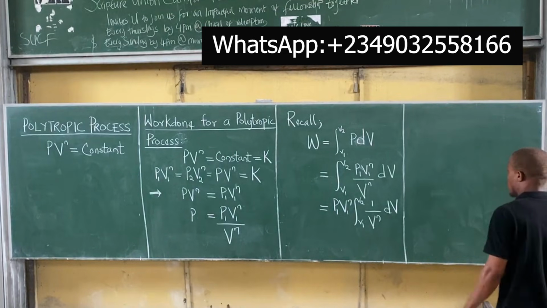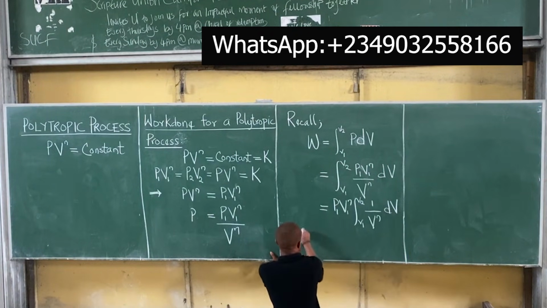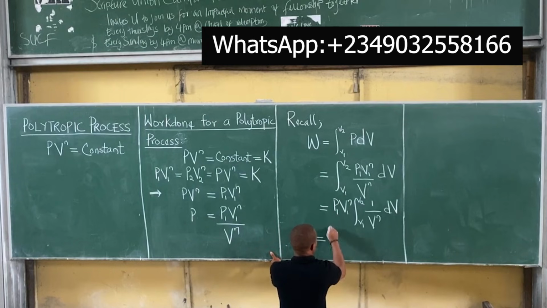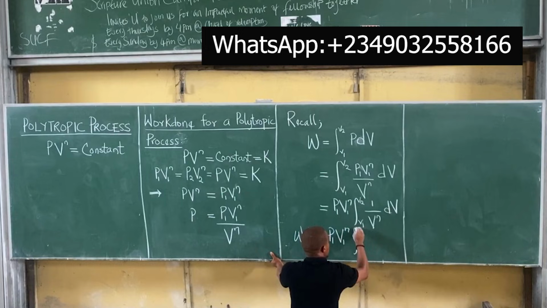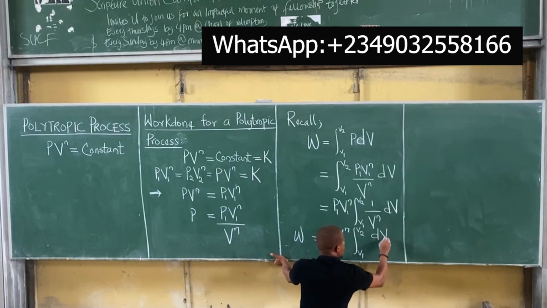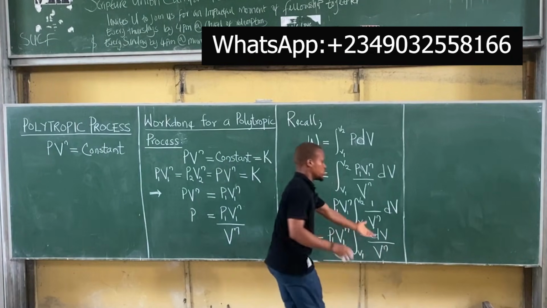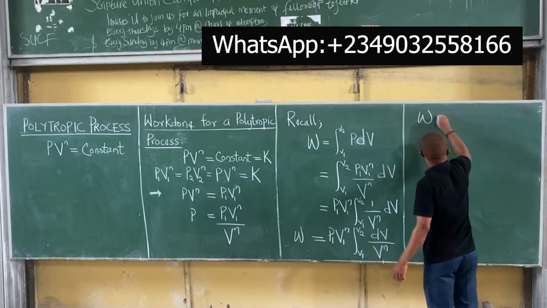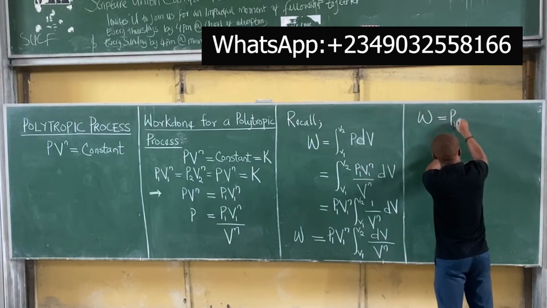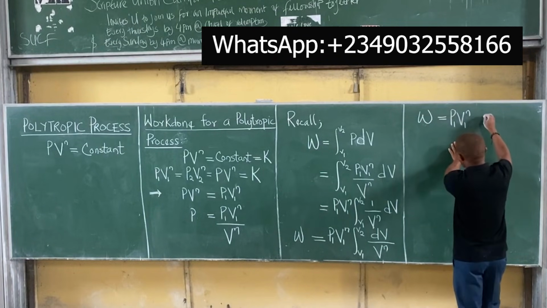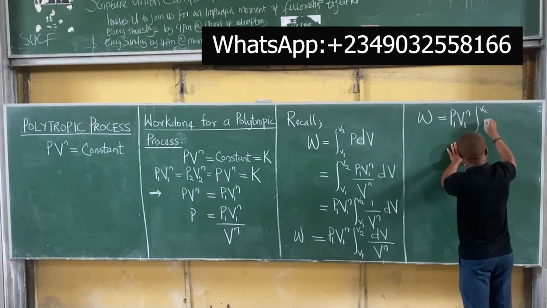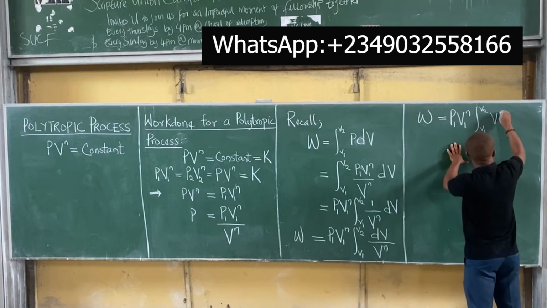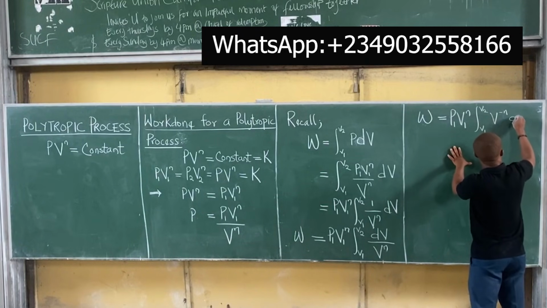This is the same thing as saying P1 V1 raised to power n, integral from V1 to V2 of dV over V^n. So we can integrate V now. This is the same thing as saying P1 V1^n times the integral of V raised to power minus n dV.